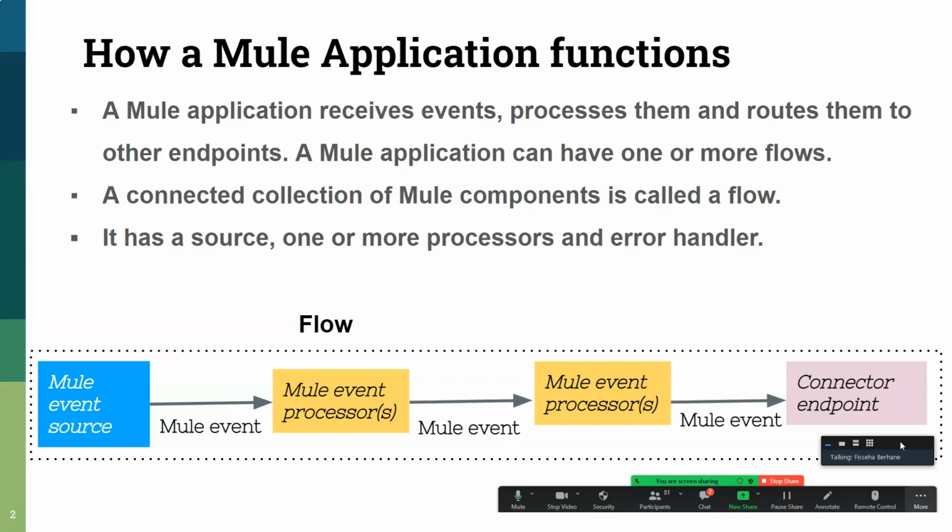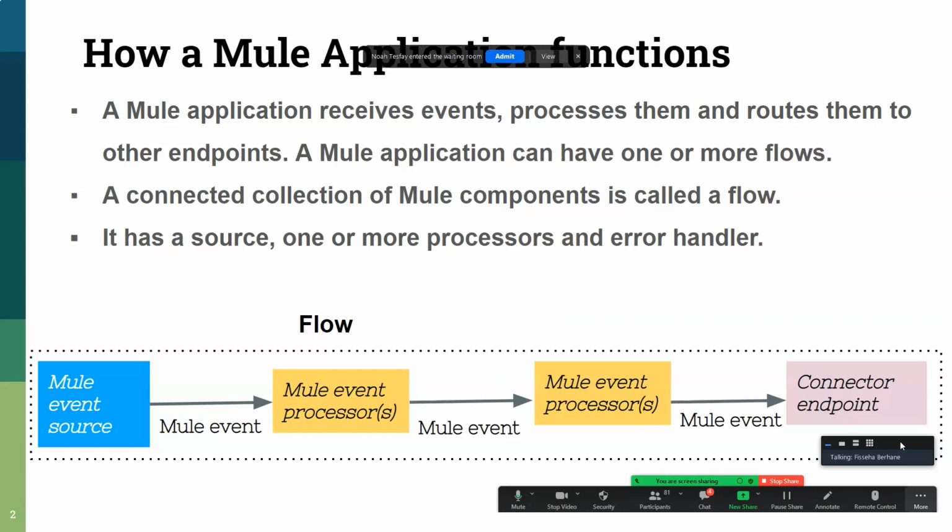Today we are focusing on scheduler, but on the way we are also learning other components. So a connected collection of Mule components is called a flow, we said, and there are different flows. We are going to see different types of flows and how we use them in the next classes. But a flow has three components, we said.